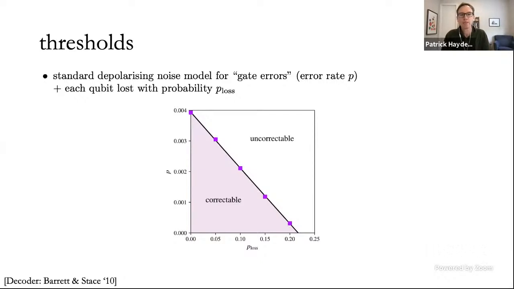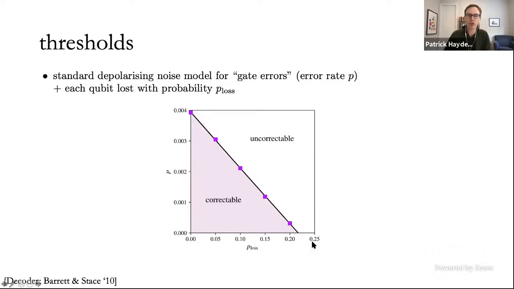And in many cases, the dominant form of noise in the waveguide is going to be loss noise. And remember, we jumped through some hoops in order to be able to make losses detectable. And so we actually calculated the threshold for combinations of losses in the waveguide and gate errors in the circuit.